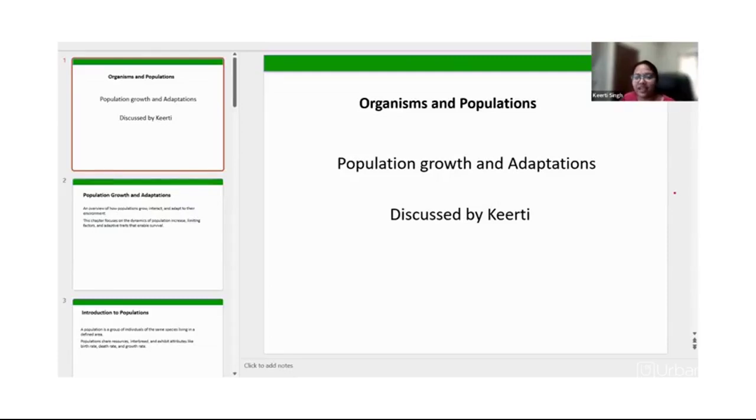I am Keerti, and today we are going to have a short session where we are going to discuss population growth and adaptation. Okay, so this population growth, you are already aware that on Earth we are having various kinds of population, various species that are there, and we are cohabiting, right?